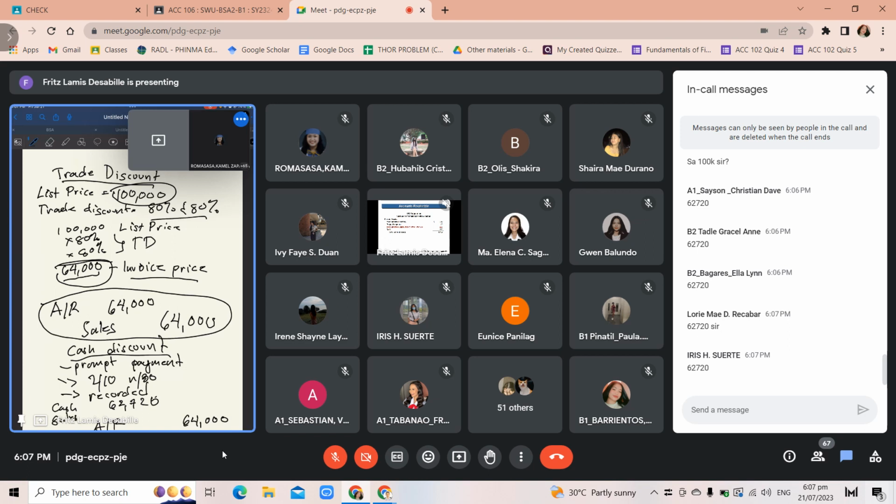How much is the discount? 64,000 minus 62,720, or 64,000 times 2%, which is 1,280. So basically, that is the difference between the trade discount and the cash discount. Again, trade discount is ignored, cash discount is considered. Okay.